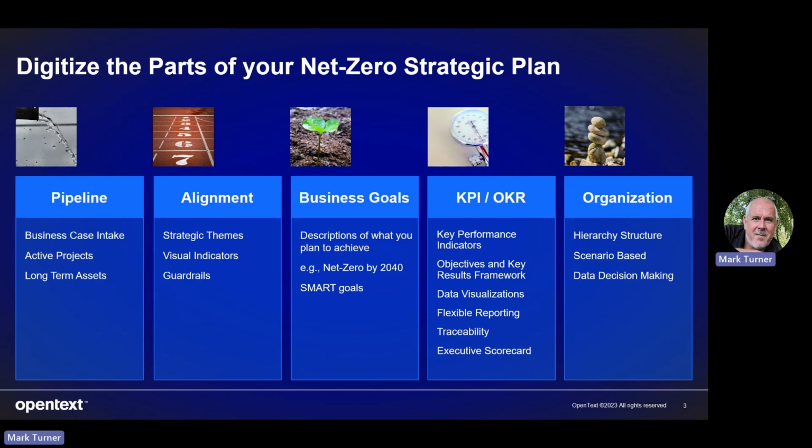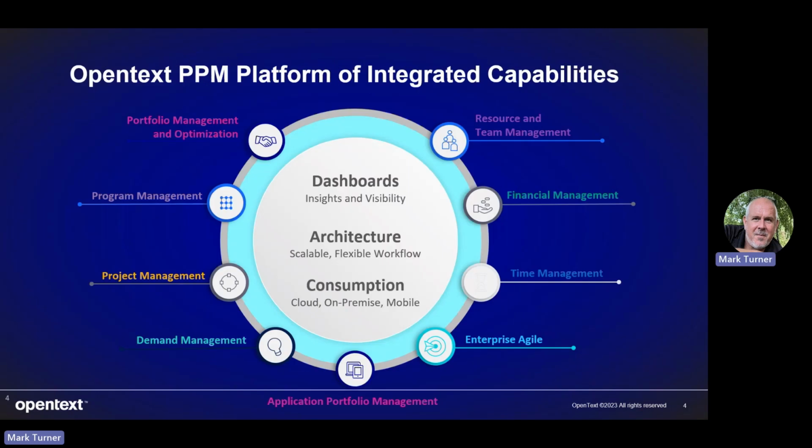Now, within OpenText, we have a product called PPM, which is essentially a platform of these integrated capabilities around work, strategy, portfolio, project, resource, finances, etc., that captures that type of associated information.